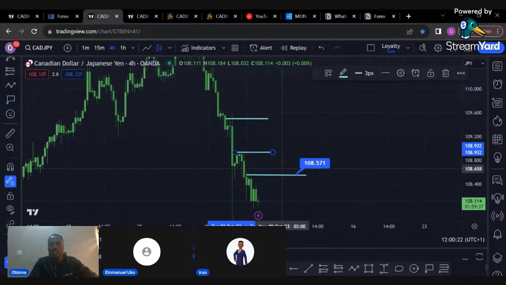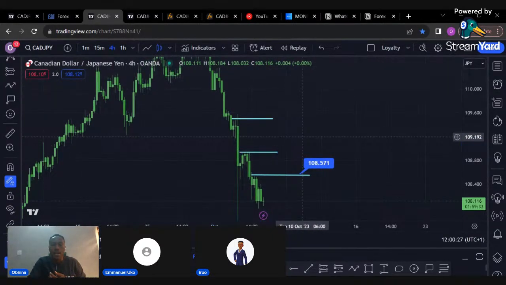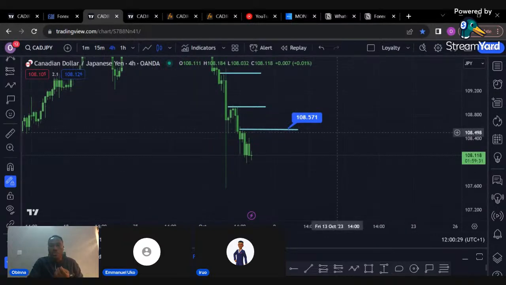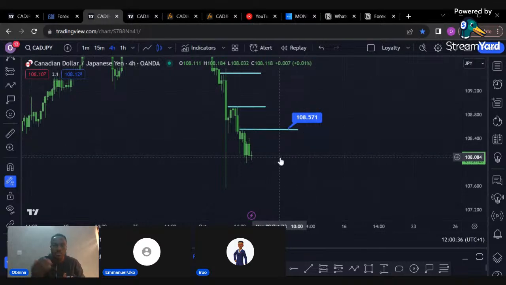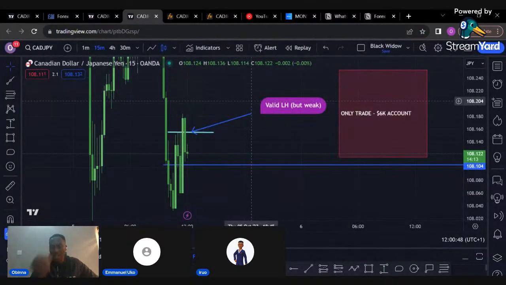What I'm interested in is to continue to follow that trend. I also understand that fundamentals and sentiments take part in the market. The 4 hours is just for my structure, and also for my behavior to know the general sentiment of the market. Then in the 15 minutes, what I'm looking for is my entry.